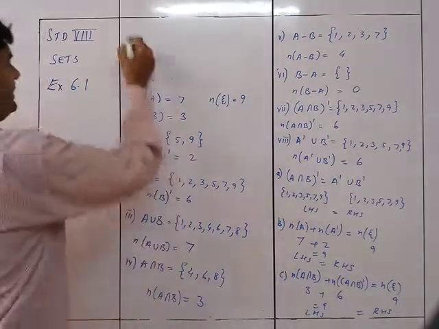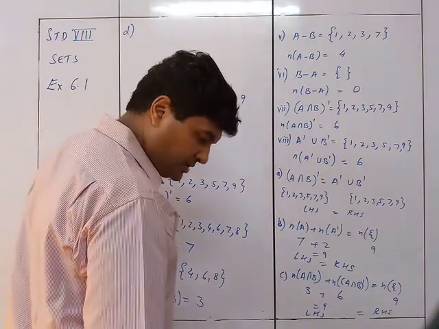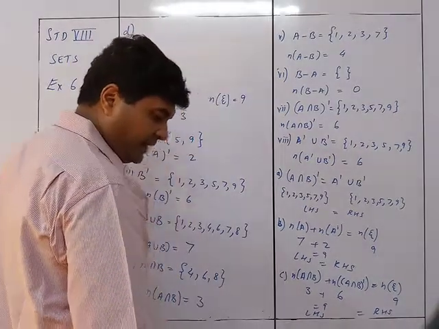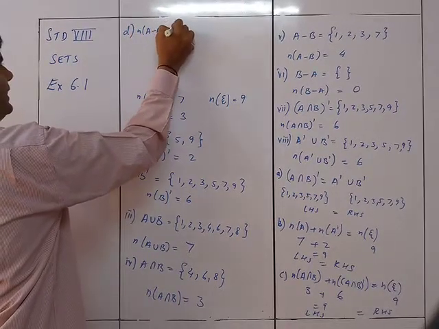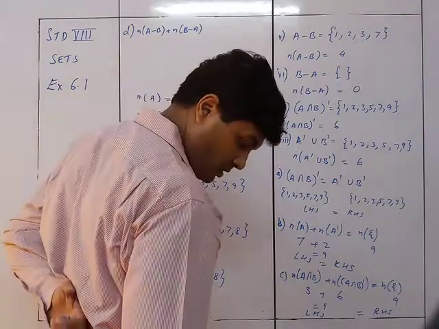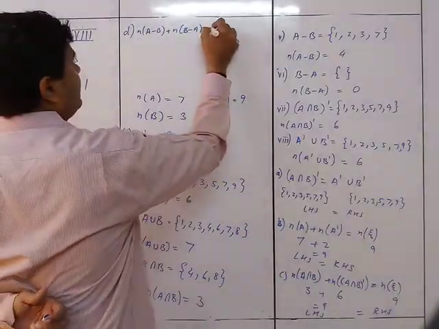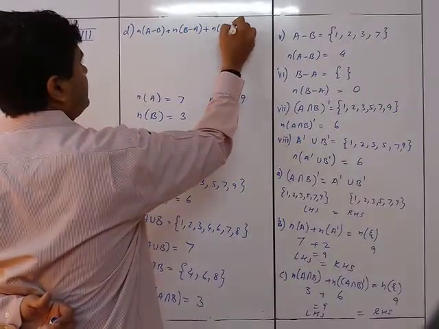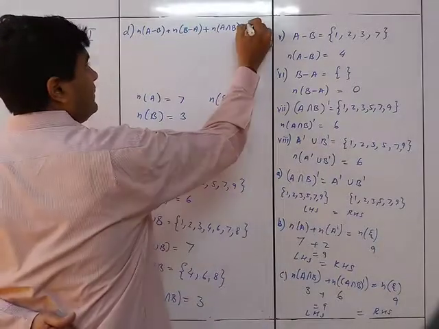We see the D part. That is n(A minus B) plus n(B minus A) plus n(A intersection B) is equal to n(A union B).